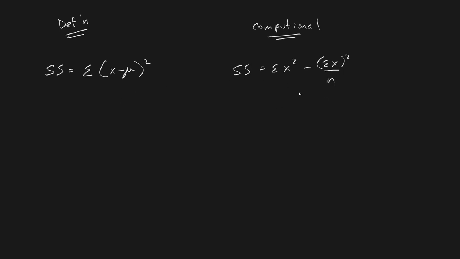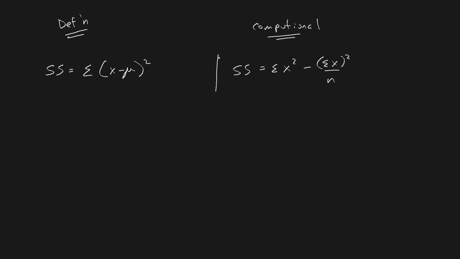These two formulas will always produce the same result. If you are more comfortable with using one over the other, then go ahead, unless they specifically say use the computational formula to figure this out, but I doubt they're going to do anything like that. So you can use whichever one makes you more comfortable. They both will always give the same answers regardless. It makes no difference which one you use.